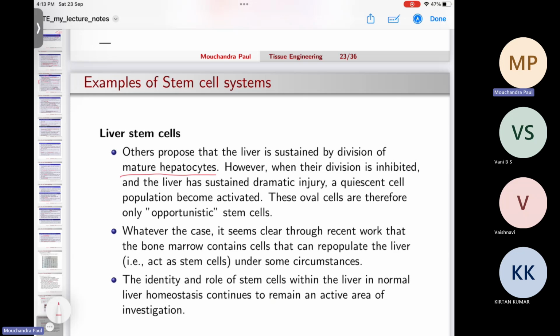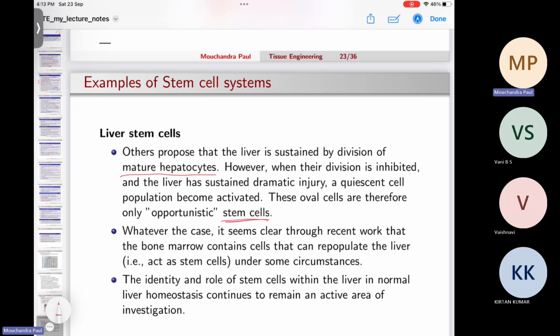But in some cases, if the division of these hepatocytes is restrained, maybe due to some tissue or organ damage, then it is the liver stem cells that become activated, start cell division and replenish the lost cell number. This is another school of thought on how the liver stem cells function.